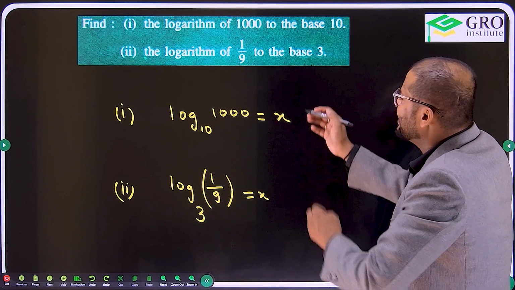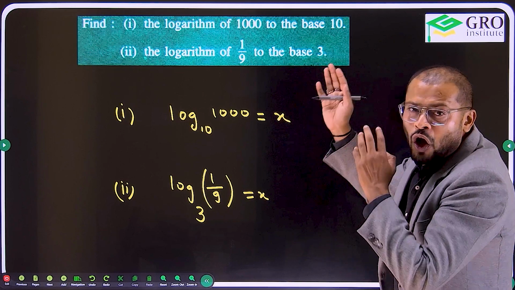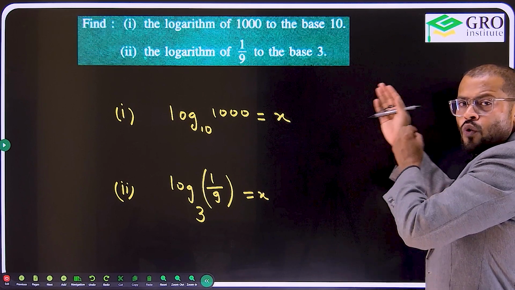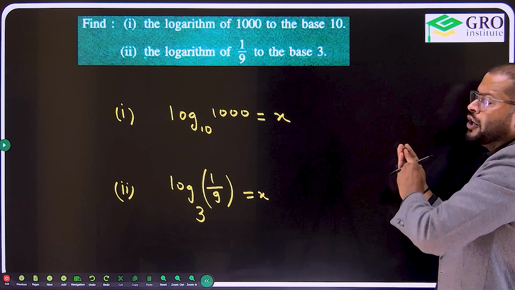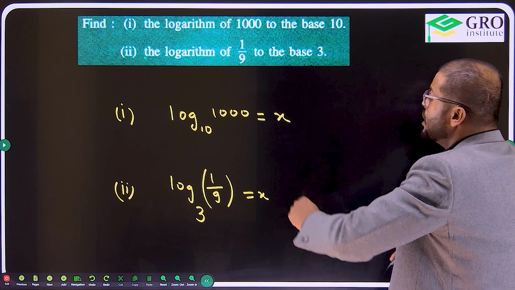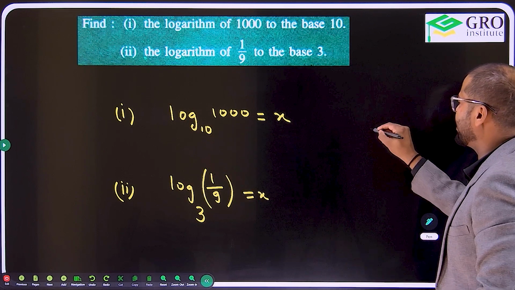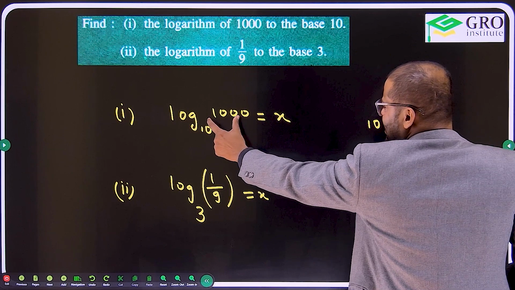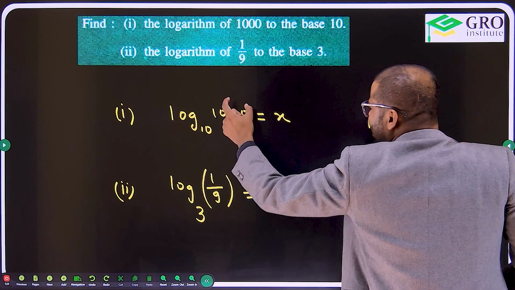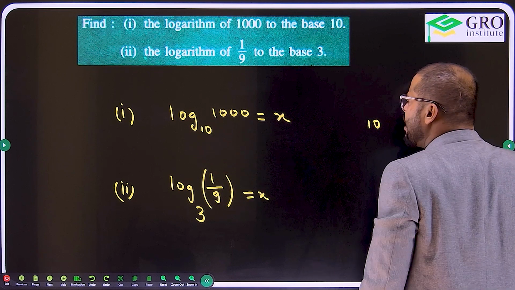You will convert this logarithm into exponential form. Logarithmic form converted into exponential form. Base remains base. Don't forget the concept. Base remains base. This is power, this is head. Log of head having base is equal to power, right?